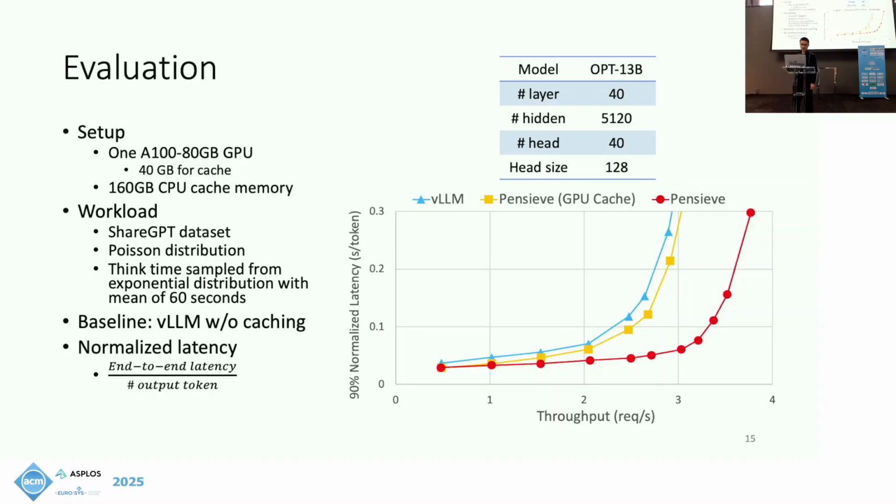We show the 90th percentile request latency versus the throughput graph, where the latency is normalized by the number of output tokens. Compared to vLLM, which is the blue curve, we achieved 33% more throughput. And compared to the yellow curve, which is a version of Pensieve that does not use CPU but only GPU as the cache, we see a similar improvement, which demonstrates the importance of using both CPU and GPU memory as the cache.